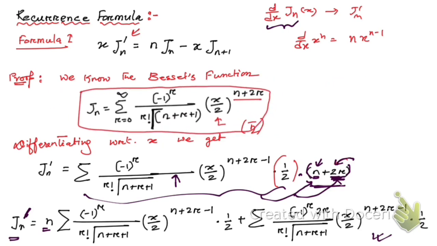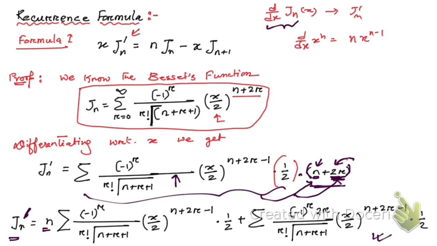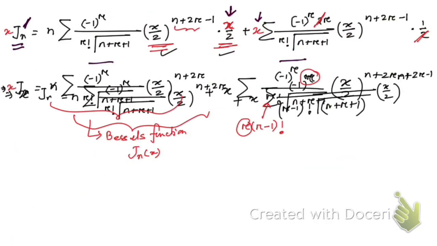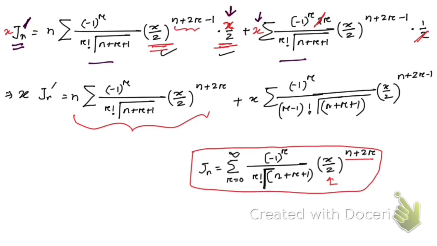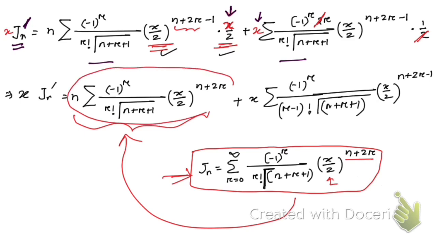If this is the Bessel's function, then what we get, let me copy this. Here you see, if you compare this term, you can see clearly this can be replaced by Jn, right? So now let me clean this first.